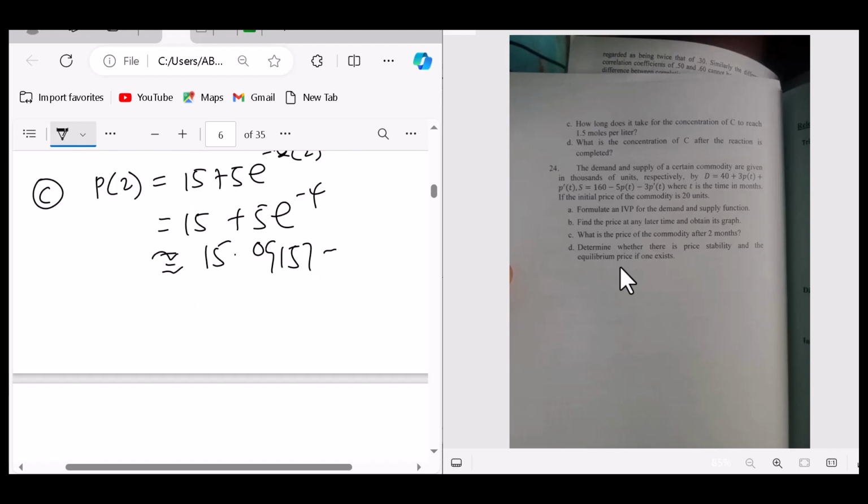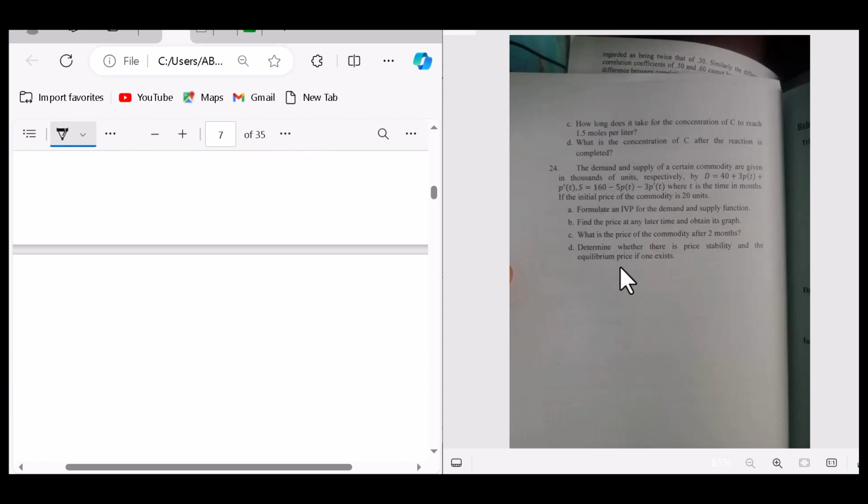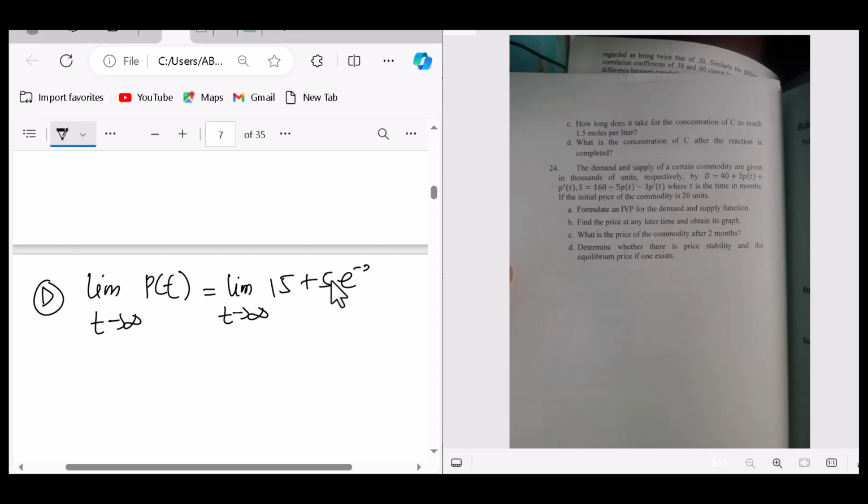Determine whether there is price stability and the equilibrium price if one exists. That's the last one for this. So for D, we have to take the limit as t goes to infinity of P of t, which is 15 plus 5 e to the power negative 2t.